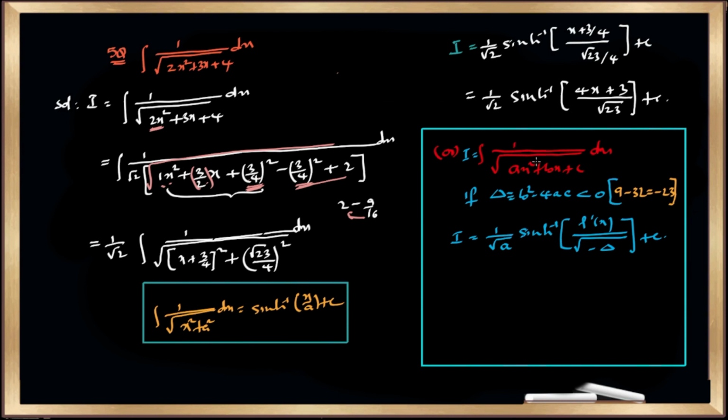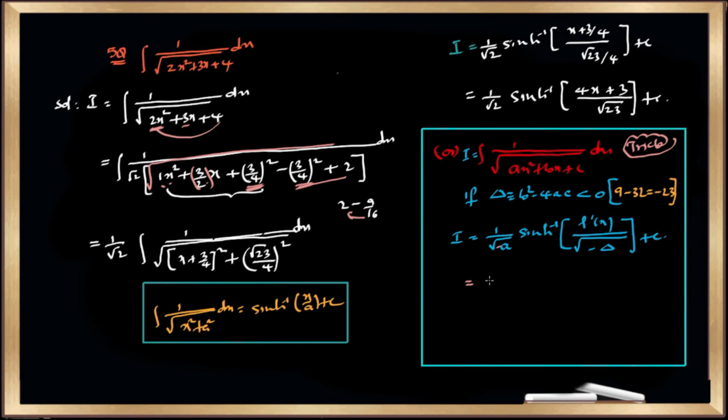Now this one we can solve using one trick also. Our trick is, if delta, b square minus 4ac, is less than 0, what about b square minus 4ac? b is 3, 3 3s are 9, 2 4s are 8, 8 4s are 32. So 9 minus 32 is minus 23, which means delta is less than 0. Then 1 by root over a quadratic expression becomes 1 by under root minus a sinh inverse of f'(x) by under root minus delta.